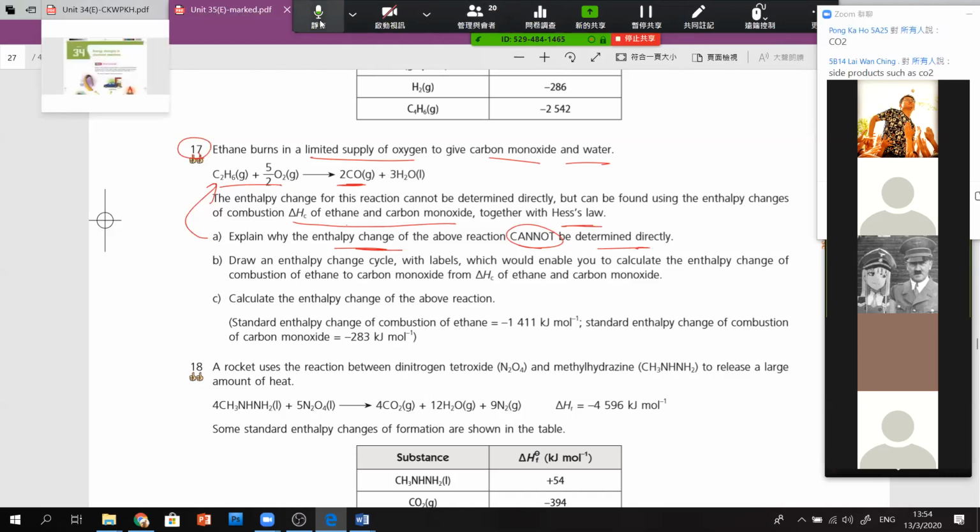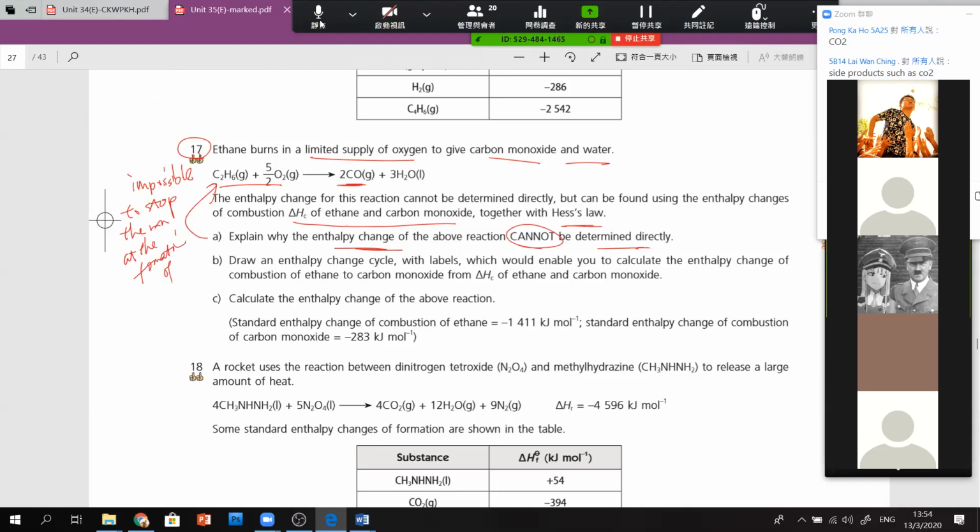So it is impossible, right? Which means that it is impossible to stop the reaction at the moment of the formation of CO. It can form CO2, it can form C. Okay, so even though we know it is incomplete combustion, we cannot make sure that the incomplete combustion agrees with this formula totally.